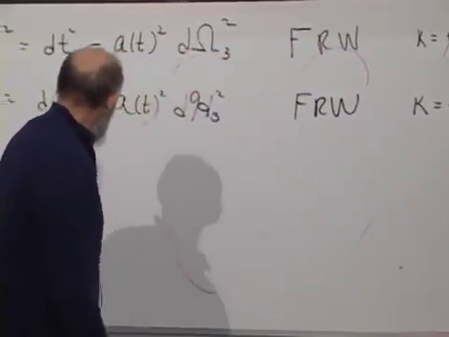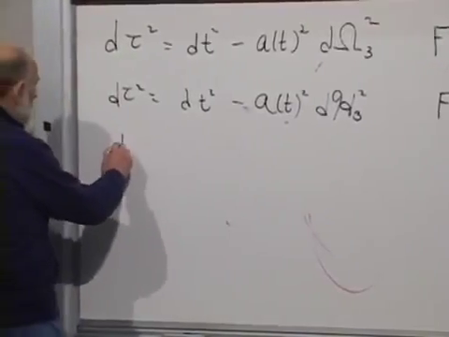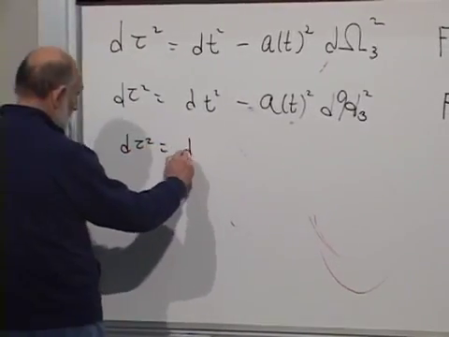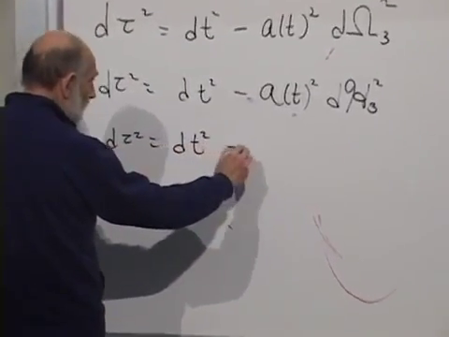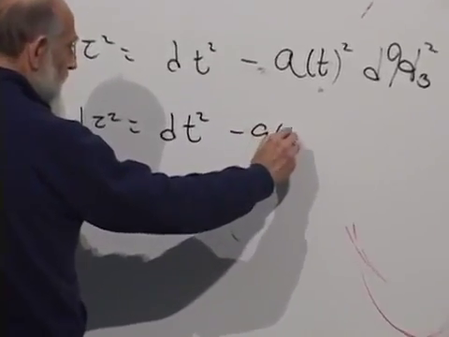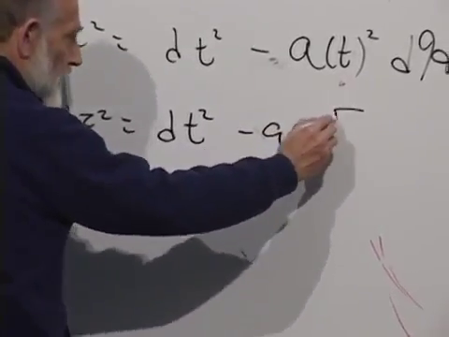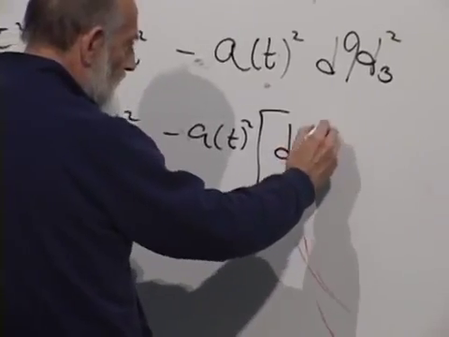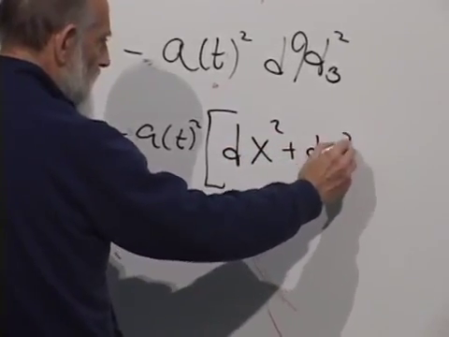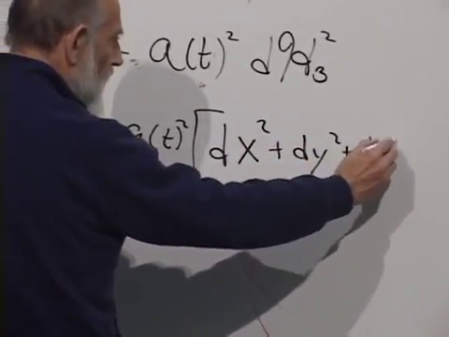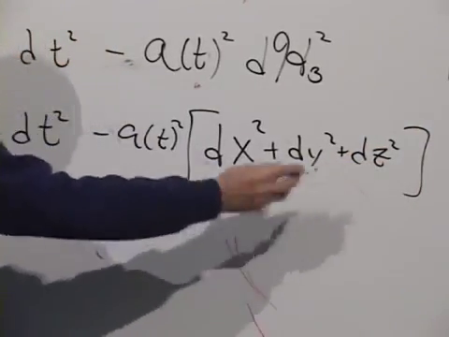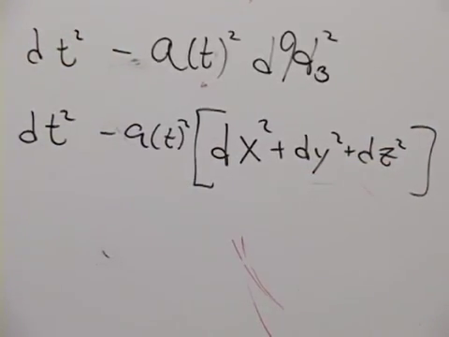Just flat space. For that, d tau squared is just equal to dt squared minus a of t squared times dx squared plus dy squared plus dz squared. Good old flat space. Ordinary flat Euclidean space.